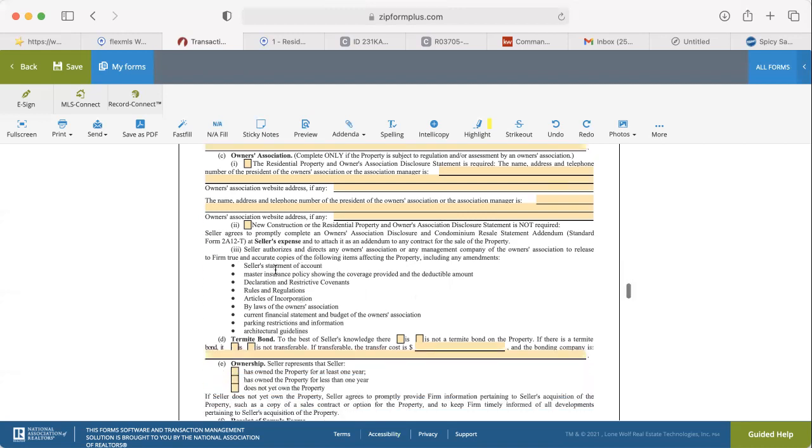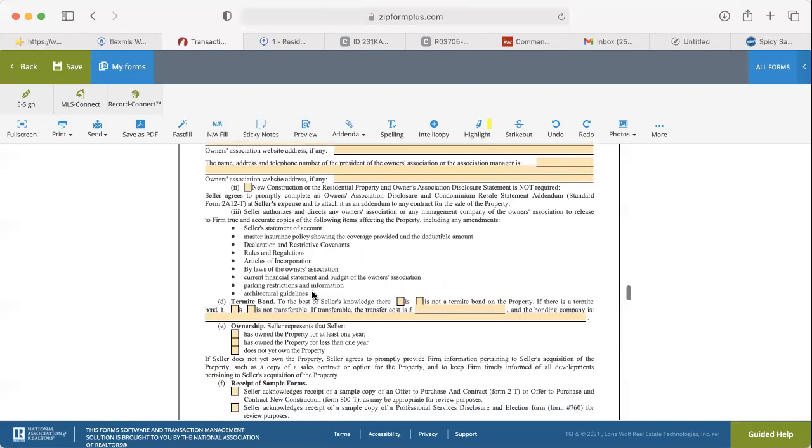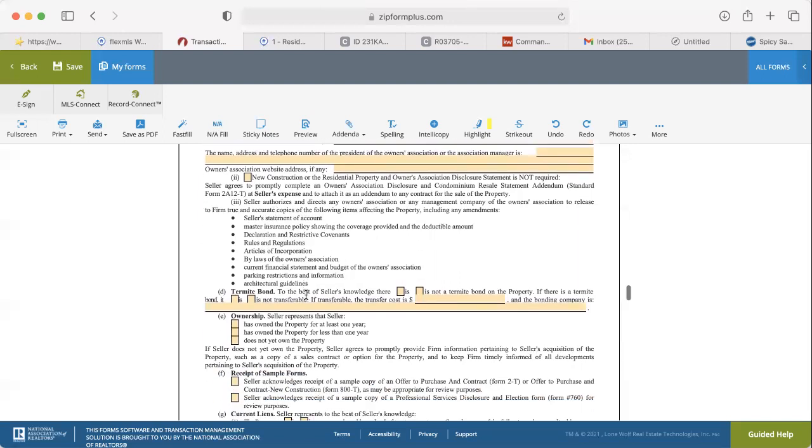Then this talks about the authorization for the HOA to release information to the closing attorney or another agent with regard to the seller's statement of account, master insurance policy, the restrictions, rules and regs, articles of incorporation, bylaws, current financial statement, et cetera, et cetera.